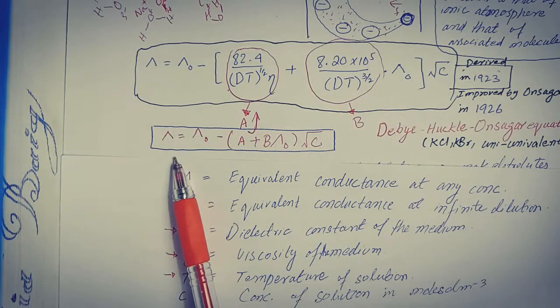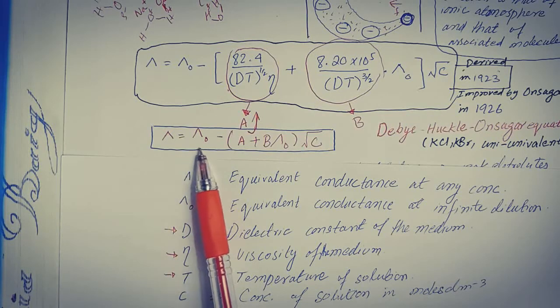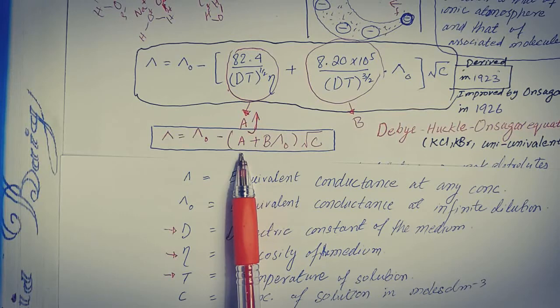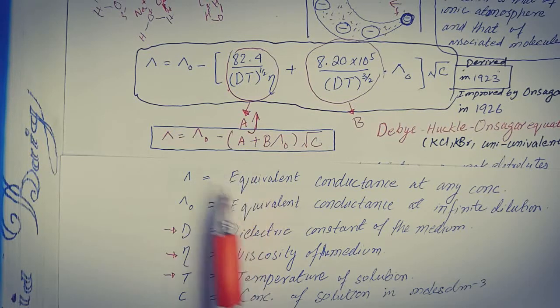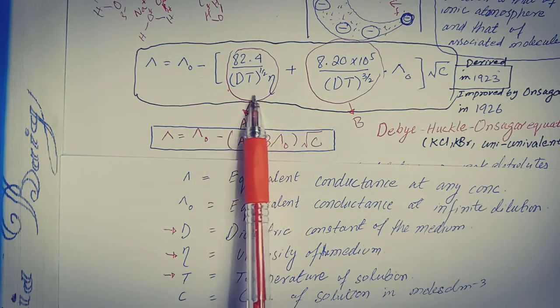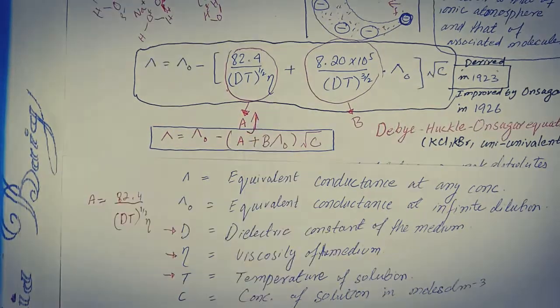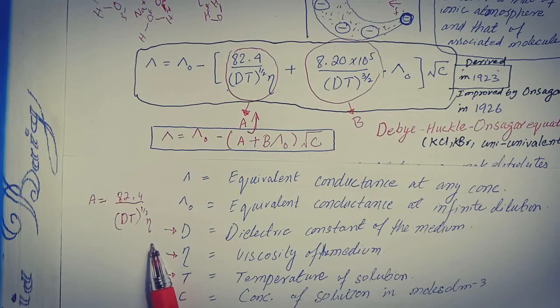So the equivalent conductance is always found to be less than the equivalent conductance at infinite dilution, and this is due to both the asymmetry and electrophoretic effects. The first term in the brackets, that is A, refers to the electrophoretic effect, which is inversely related to the viscosity of the medium.